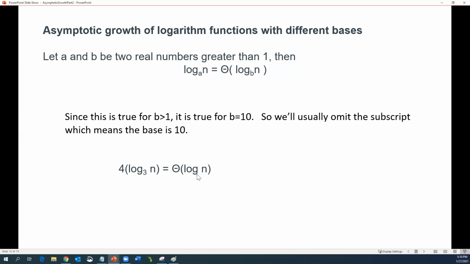Again, a pretty easy rule, and we're not going to prove that or anything. We're just going to accept that. So here again, it's also theta of log n.